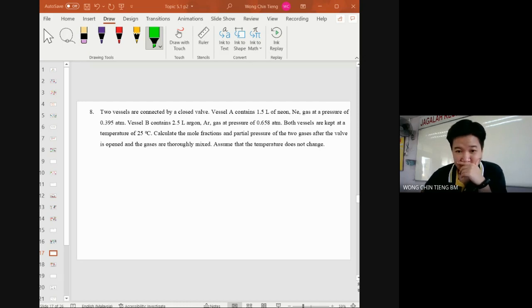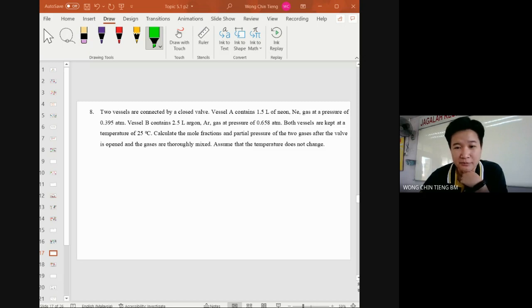Mole fraction. Mole fraction salah sayang. Mole fraction salah, Safan. Sangat salah.